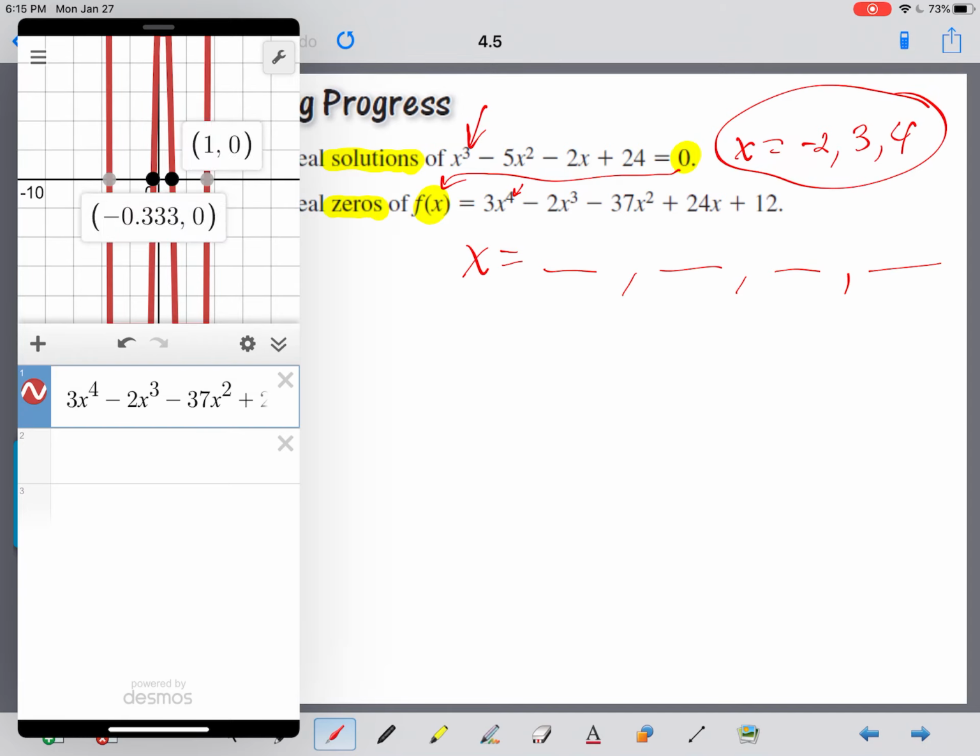Now, the 0.333, even though it's 3 decimal places, and I'm thinking maybe that's a rounded irrational, 0.3333 is actually a fraction. It's negative 1/3. The other one is at 1. And so we know 2 of these so far. We just need the other 2.